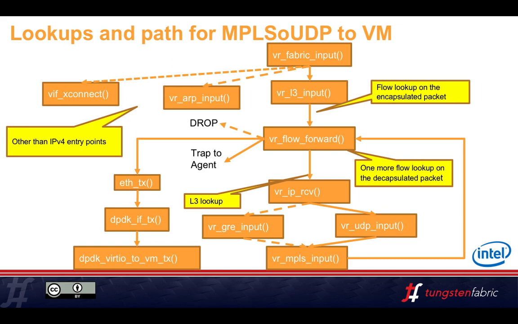This is where the packet gets decapsulated, and the inner packet now is being sent again into VR flow forward. The inner packet now is either dropped again or forwarded to the right virt.io and subsequently to the right VM. So this is the data path where the packet comes in, does one loop, goes again to the VR flow forward and then up to the VM after it gets decapsulated.